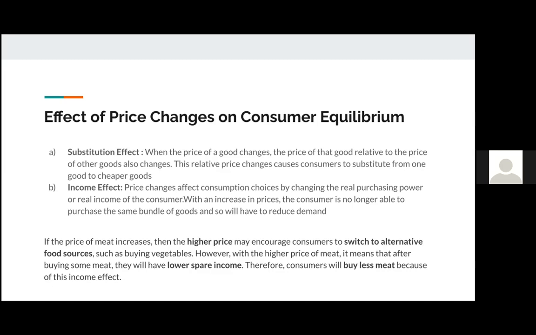When price increases, you're no longer able to buy the same bundle of goods, and so you'll have to reduce demand. Let's look at the meat example again. When there are higher prices of meat, it means that after buying some meat, you will have lower spare income. And so you would then be forced to buy less meat because of this income effect.